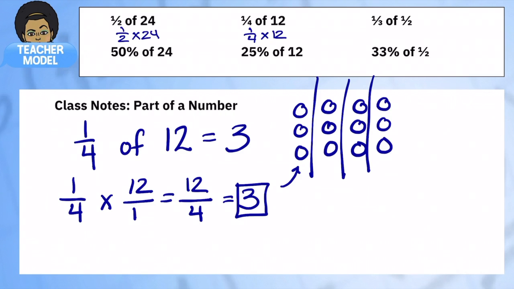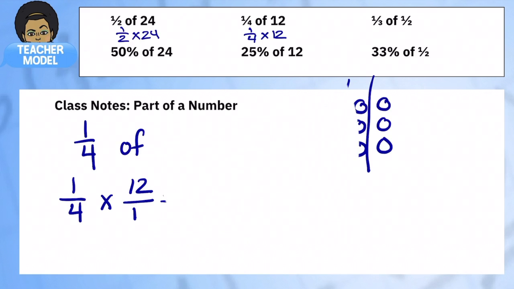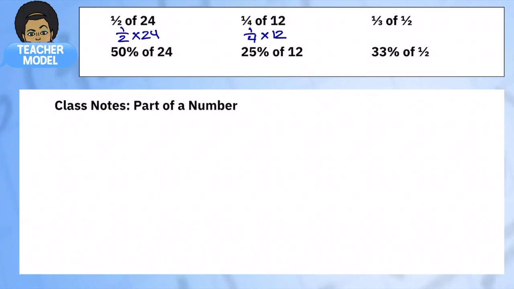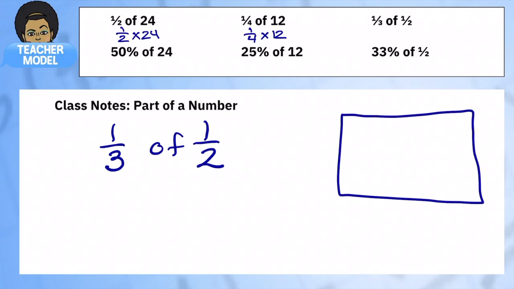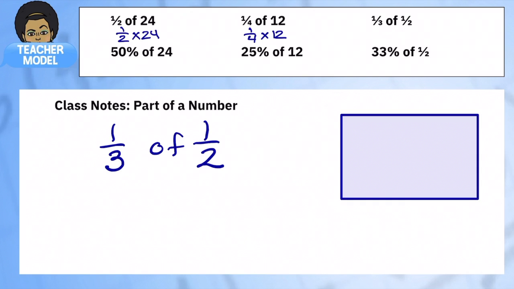So multiplying, if I want a fraction of a number, a part of a number, I can just multiply. So if this is true, and it seems to be true, we can keep trying. If I wanted 1/3 of 1/2, what would this be? Turn this in the box. Now I want 1/3 of half. So let's cut this in half. And let's say I take that half and I decide to cut it into 3 pieces.